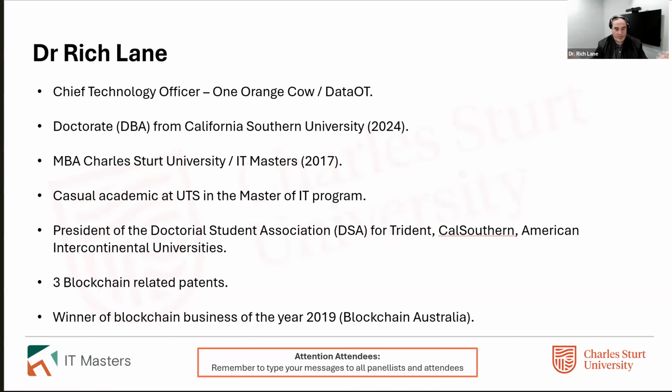So a short course got me into everything that I've done now in terms of my education. And I went on to do my DBA because I'm a glutton for punishment, but I thoroughly enjoyed that as well. I'm currently a casual academic at UTS. I've got some blockchain patents and I won some awards. I'm going to skip because I know we've already talked about this.